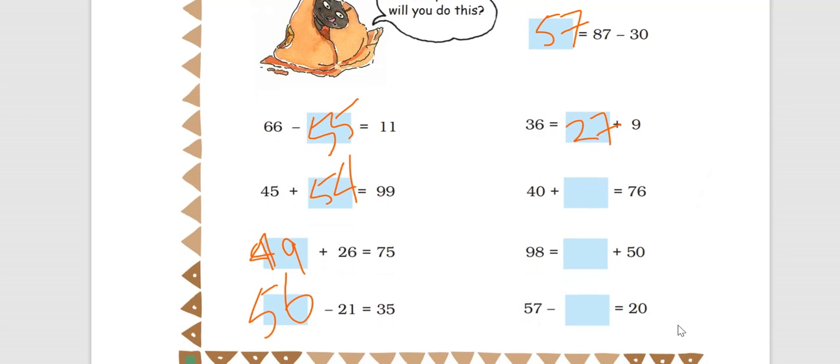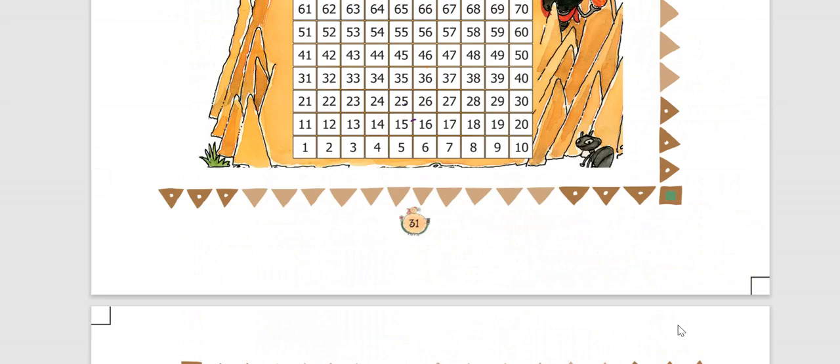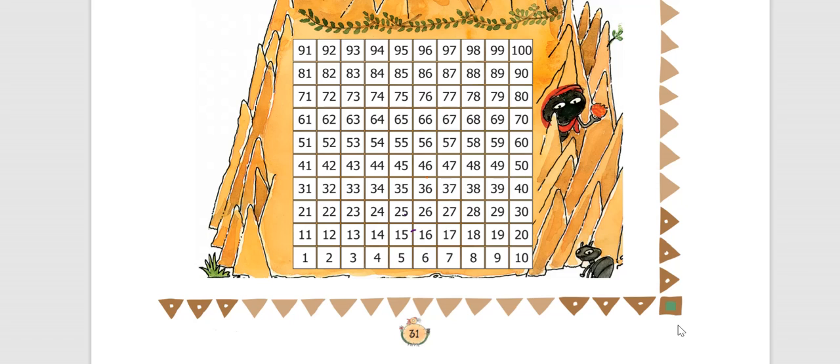Okay, the next one is 40 plus dash is 76. So we have to start at 40 and reach 76. Okay, I'll go to 50. 1, 2, 3. We have to reach 76. So I'll go to 80. 1, 2, 3, 4. I took 4 steps up, that is 4 tens is 40. But I have to come back to 76. I went far ahead.